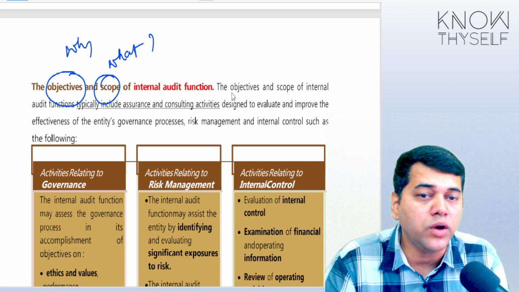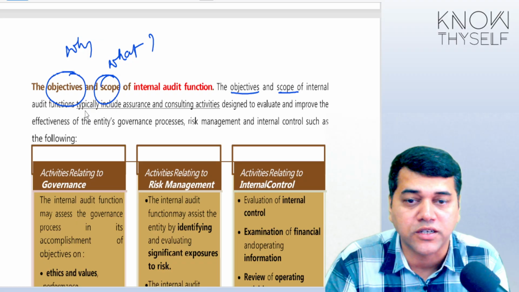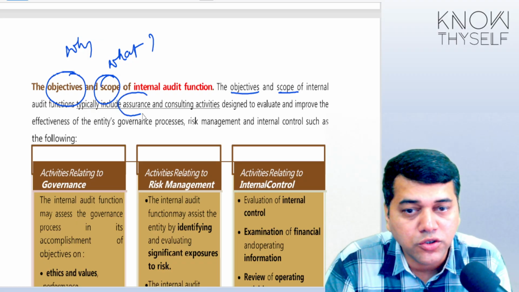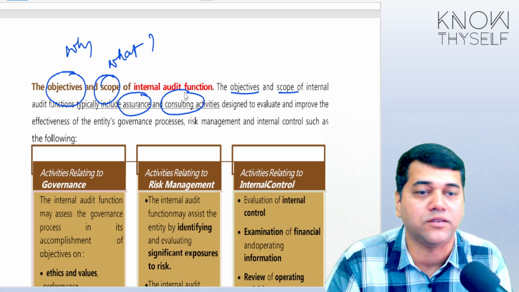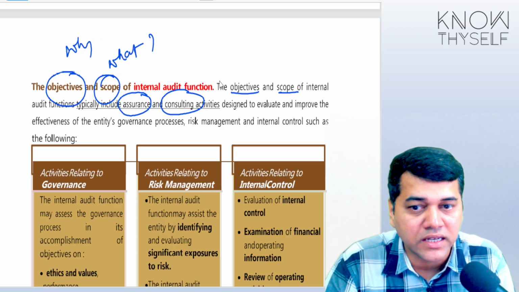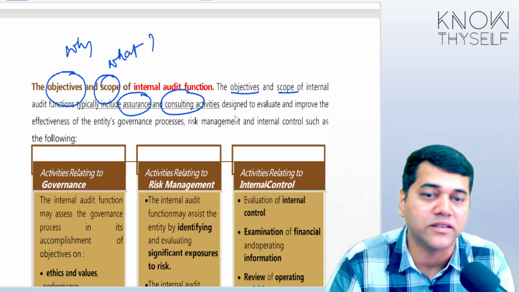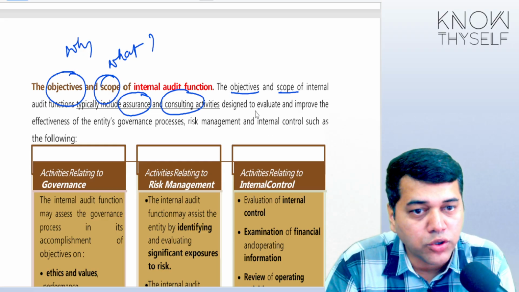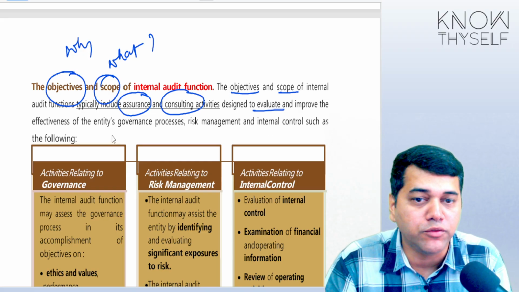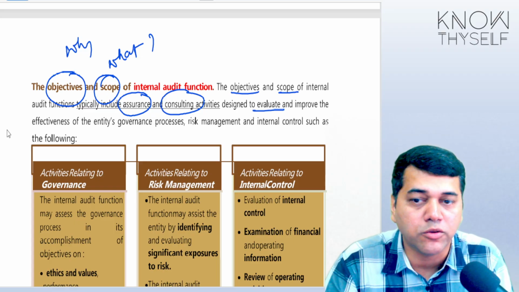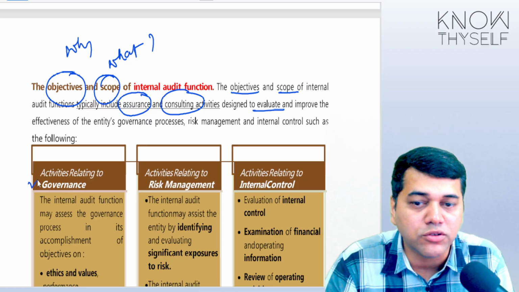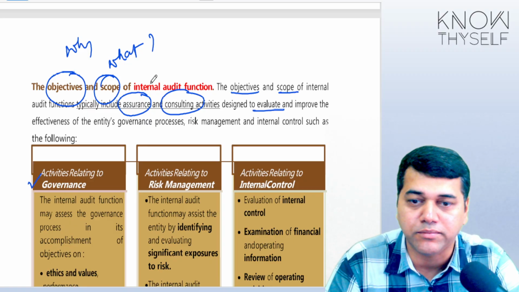So the objective and scope of the internal audit function typically includes assurance and consultancy services. Primarily they are there to give assurance and consultancy services, so as to evaluate and improve the effectiveness of activities related to governance.